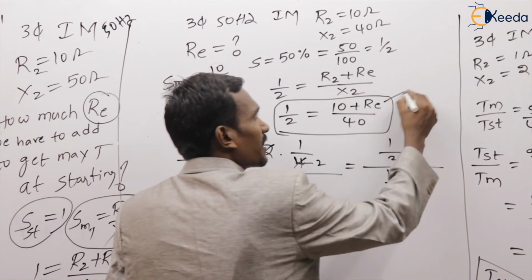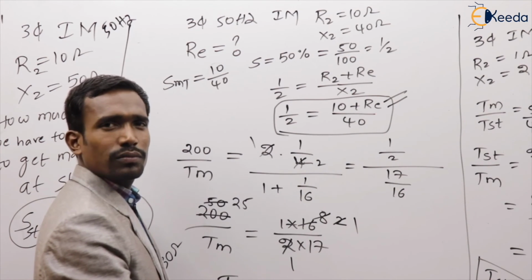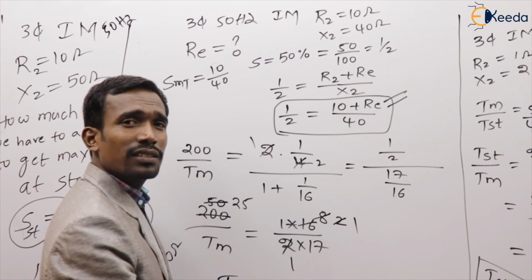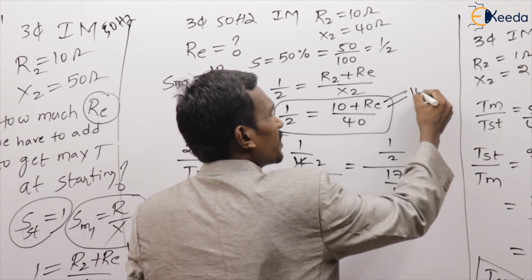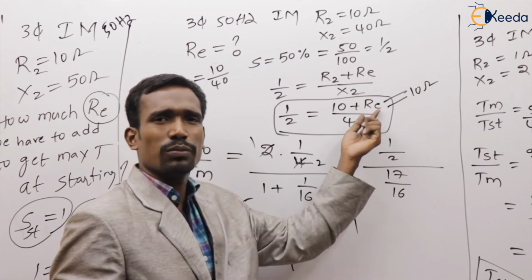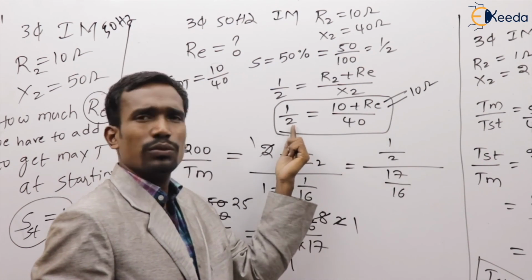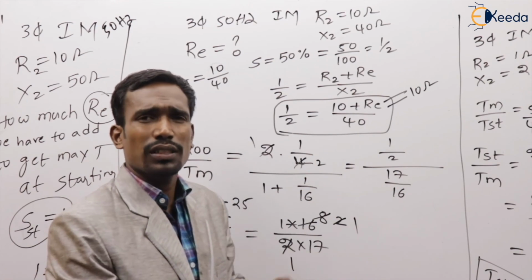If we place some RE here, its value should be 1 by 2. Tell me the required resistance: the required resistance is 10 ohms. If we place 10 ohms here, 10 plus 10 is 20, and 20 by 40 is 1 by 2.